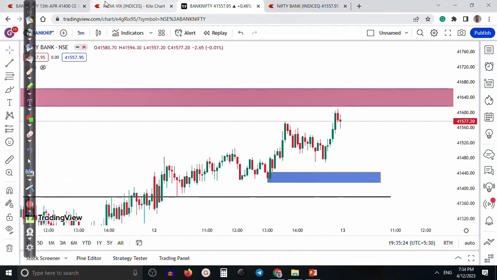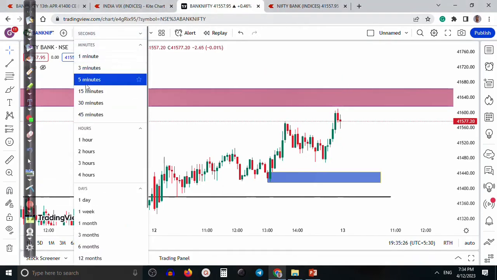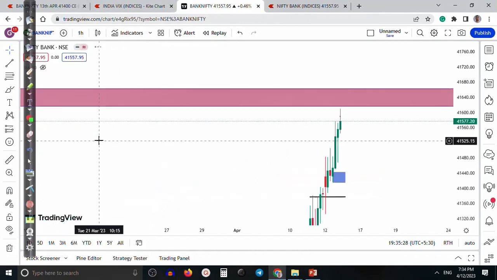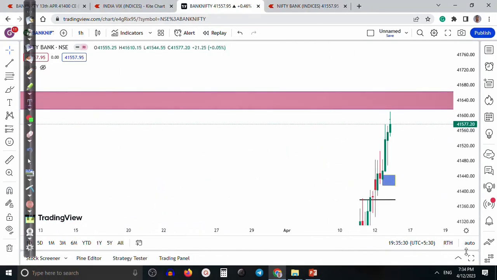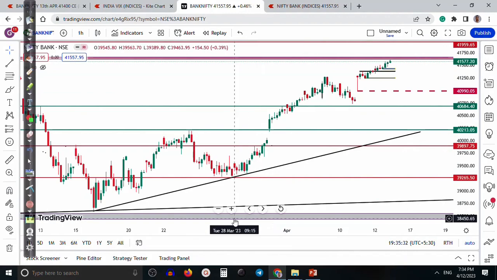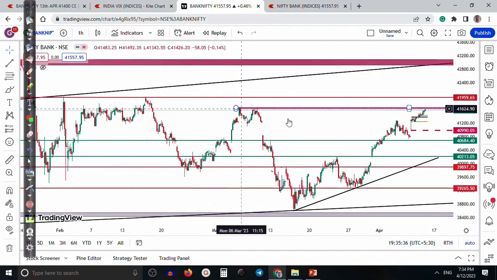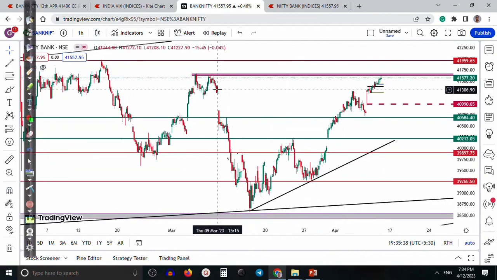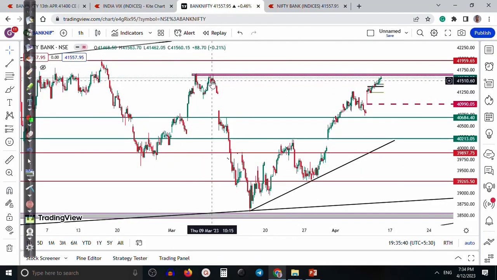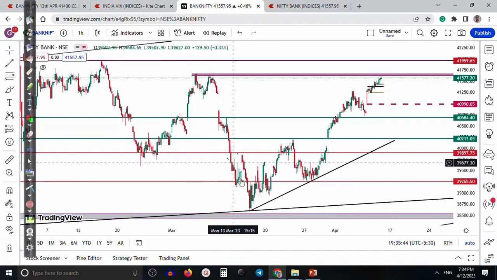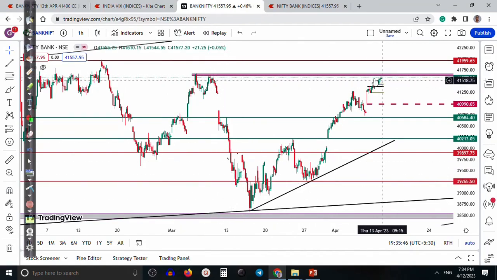If you have not seen the larger time frame, let me show the 1 hour time frame. Let me zoom a little bit. So here you can see strong resistance is there. So from this area, price was rejecting drastically and dropped. And right now it is near this area.